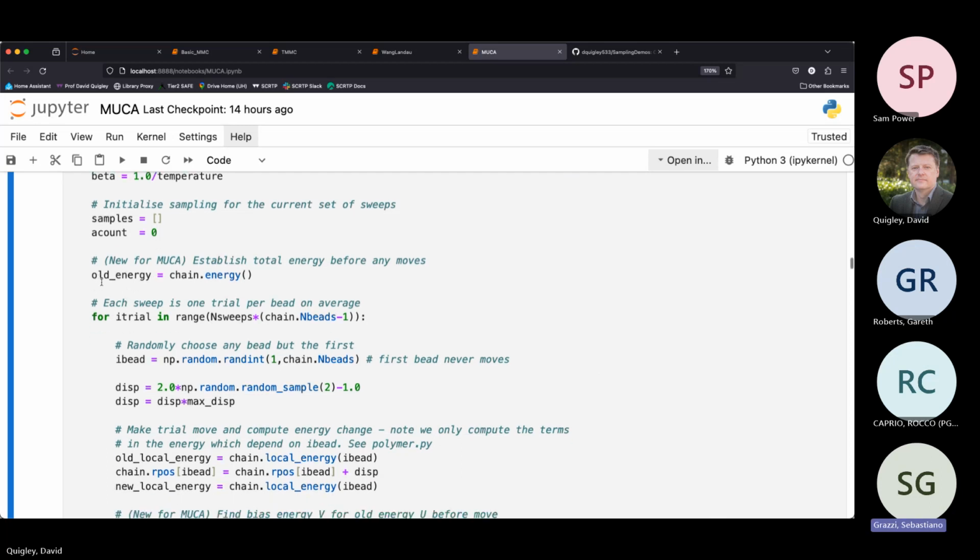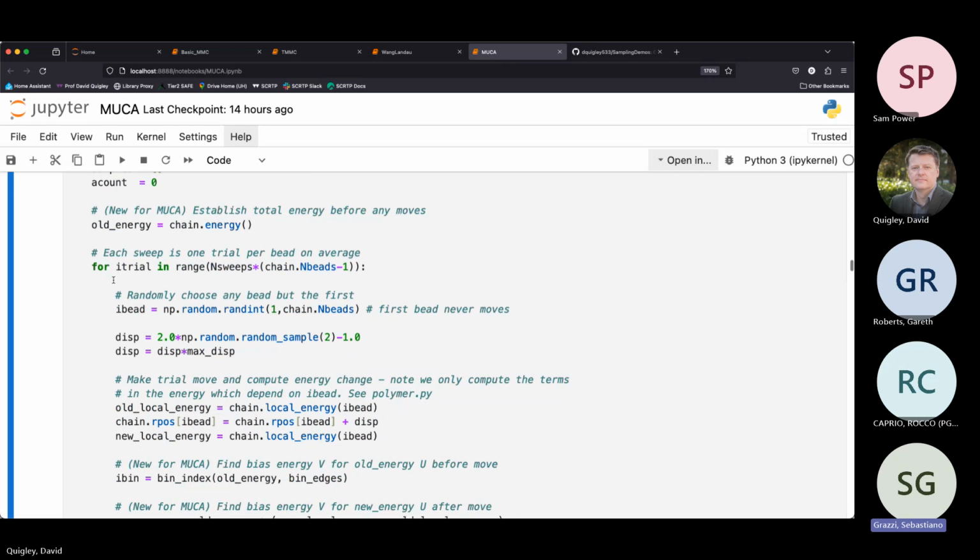So the only thing that I'm changing up here is before, when I did the Monte Carlo, I only needed to know, I only cared about the energy contribution made by the bead that I was moving. But here I need to know what the total energy is so that I can put the samples in the right bin and that I can compute the bias function from the total energy. So I'm just keeping track of the total energy. So what is the old energy?